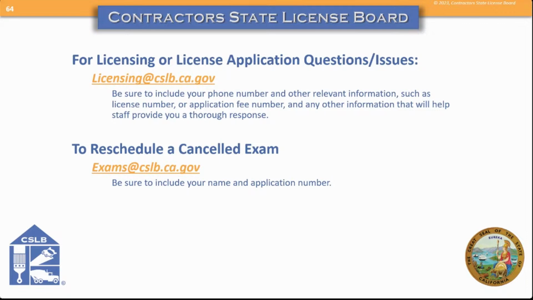So once again, all experience has to be documented on a certification of work experience, and it needs to be certified by someone who has firsthand knowledge of the work you performed, and it needs to be within the last 10 years. So your work experience from 2003 to 2016, not all of that is going to apply because right now it's 2023, so they would only go back to 2013.